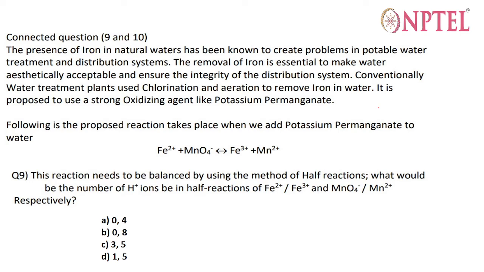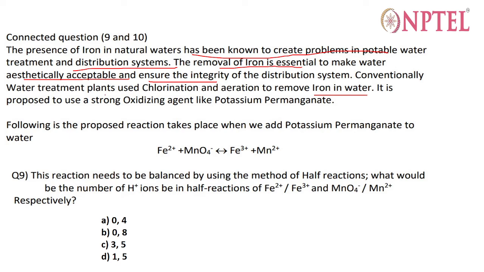The presence of iron in natural waters is known to create problems in potable water treatment and distribution systems. Removing this iron is essential to make the water aesthetically acceptable and to ensure the integrity of the distribution system. Conventionally, water treatment plants used chlorination and aeration to form a precipitate of the iron, which is then easily removed.